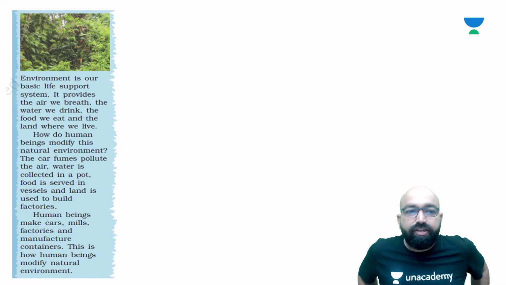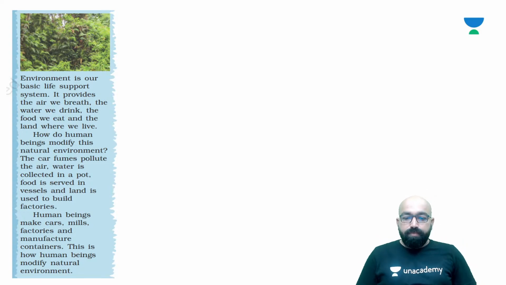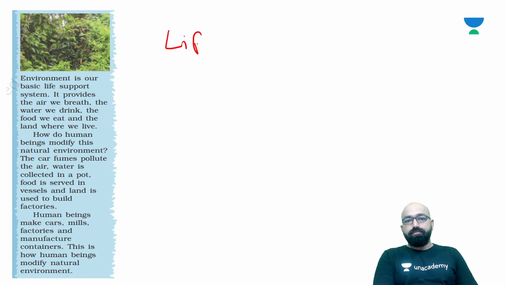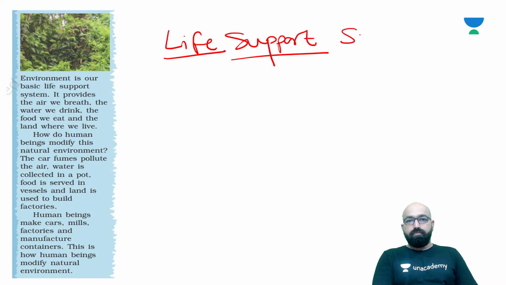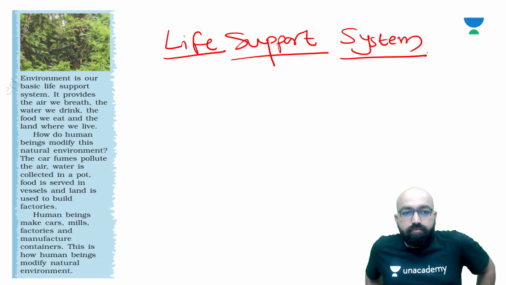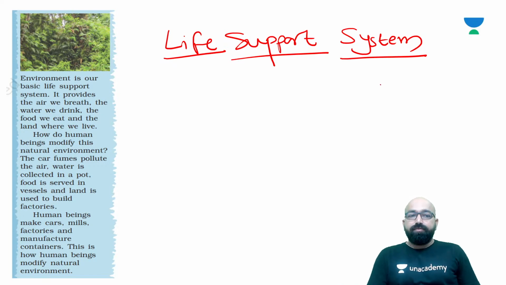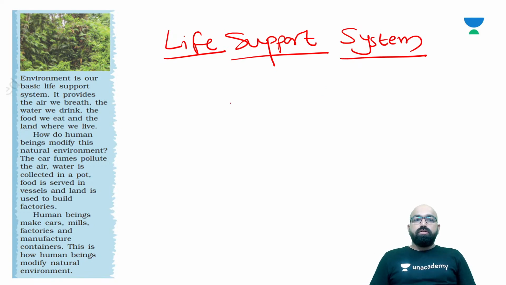There is a story given in the NCERT book. Environment is our basic life support system. It provides the air we breathe and the water we drink, the food we eat, and the land where we live.